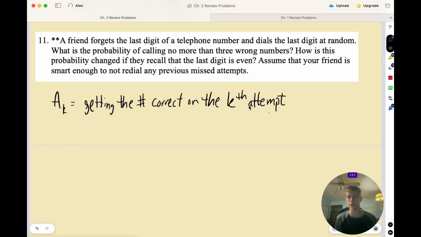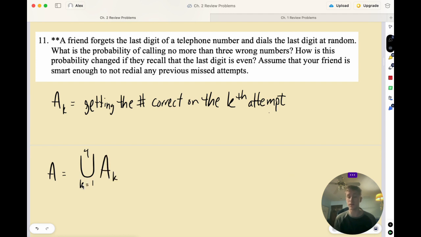So if you know that this is the geometric distribution, then shh, we're not there yet. But what this means is we essentially want to find the event A, which is going to be a union from k equals 1 to 4 of A sub k.